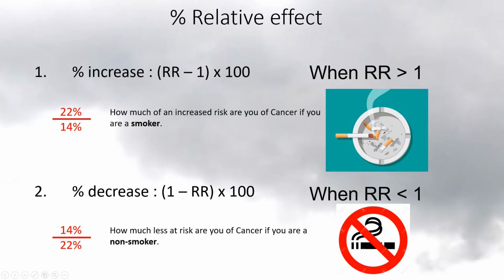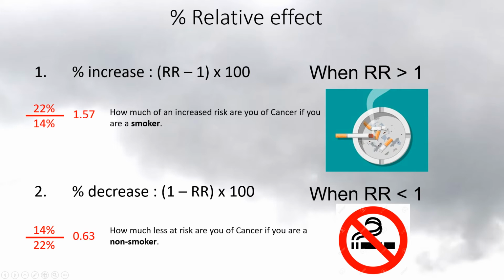In this, you've got the smoking group on the top, for how much of an increased risk you are of cancer if you are a smoker, and we also want to find out how much less at risk of cancer you are if you're a non-smoker. Because less and more is just easier to say, and so you've got this risk compared with this other group. It means that you can say, is this more or less? It's just easier saying it.